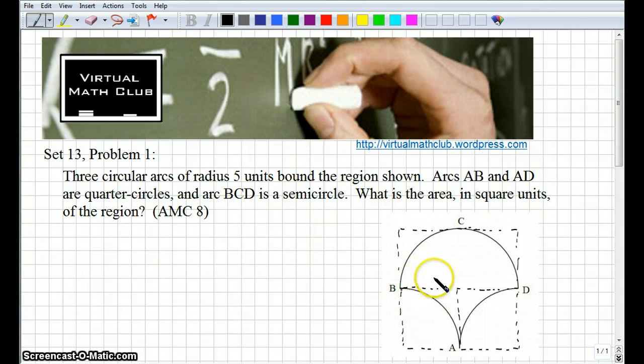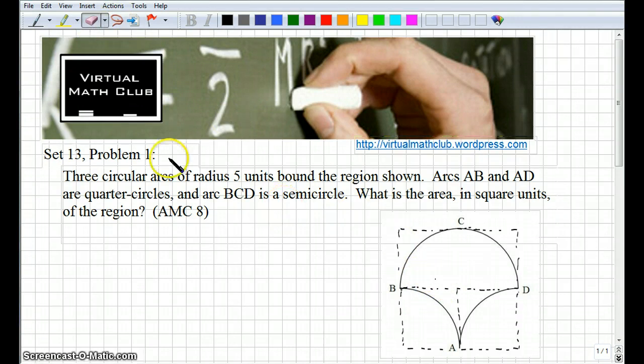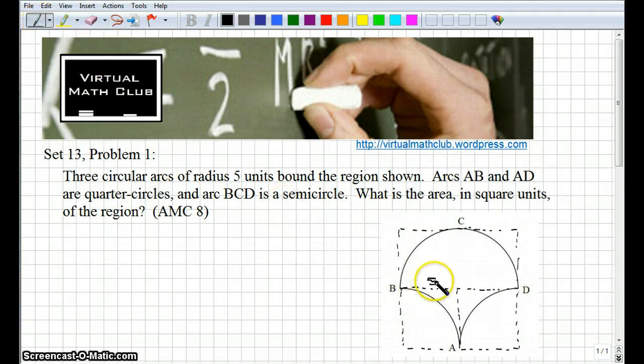So I know that this length here is 5. This is 5, and this is 5. This radius here has to be 5. This would have to be 5, right? Because it says that this arc here has a radius of 5.